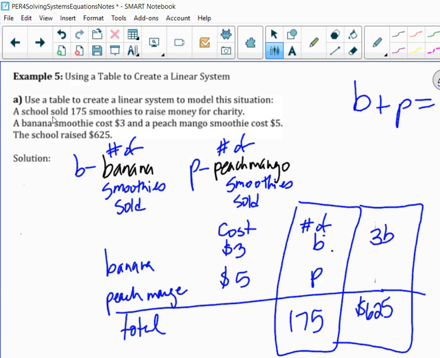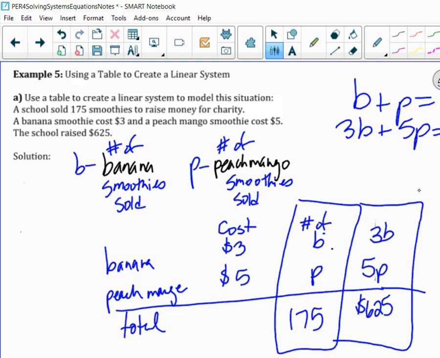Do you see? And this would be 5P. And do you see that would add up to the total? So that's how a table kind of helps, because you can see different variations of how you're organizing your information. So then you get 3B plus 5P equals 625. Yes?